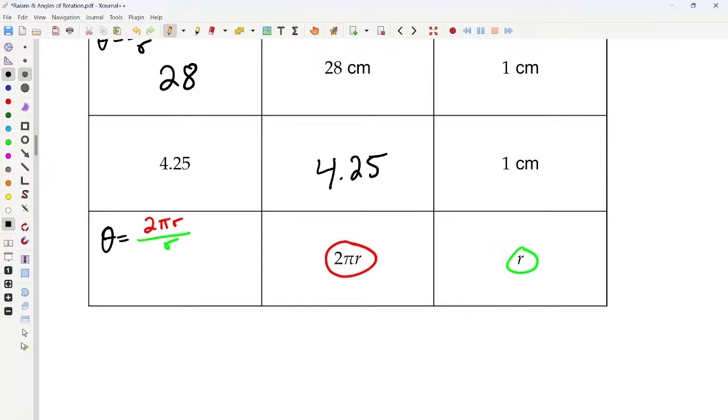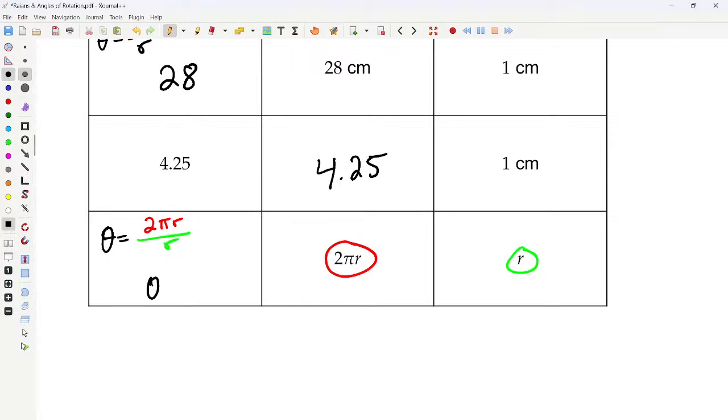What happens to the radius every single time? It cancels out. Meaning, I don't care how big or small this circle is. It could be a half inch radius or a 10,000 mile radius, which would be a massive circle. It doesn't matter. If the arc length is 2 pi R, the angle is 2 pi.